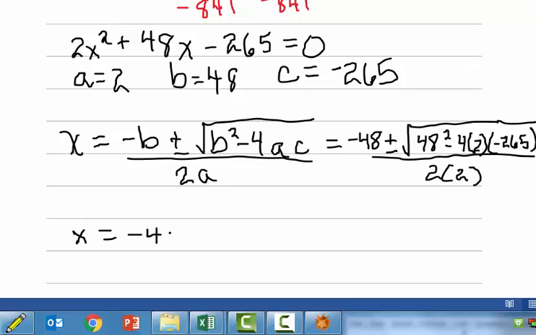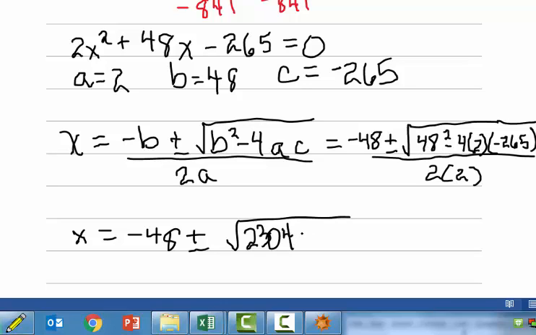So this is negative 48 plus or minus the square root of 2,304. That's what I get when I square 48.